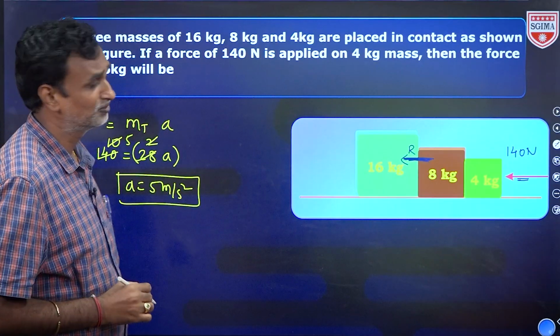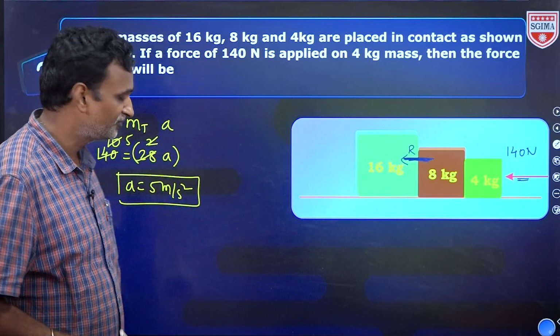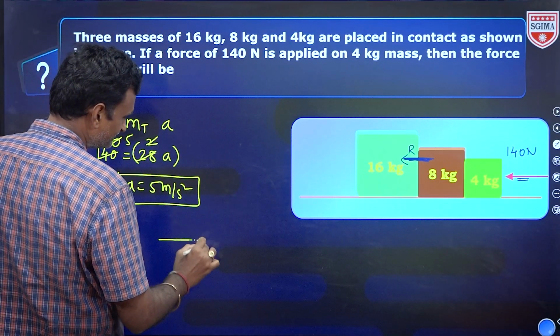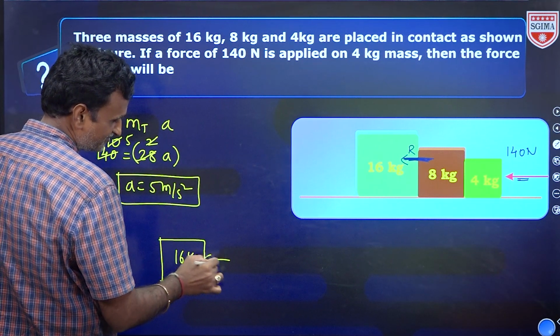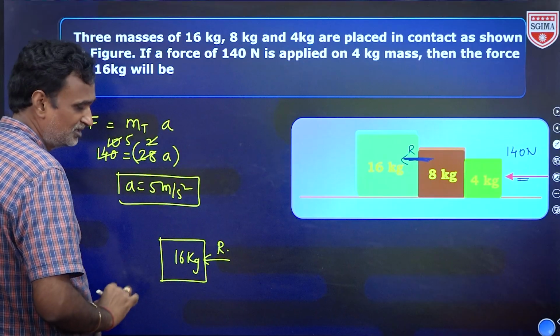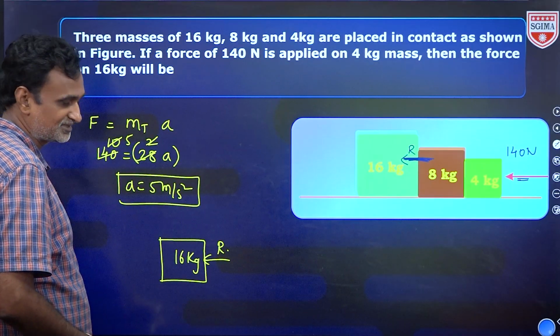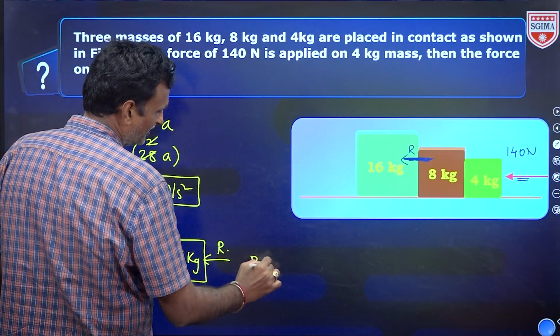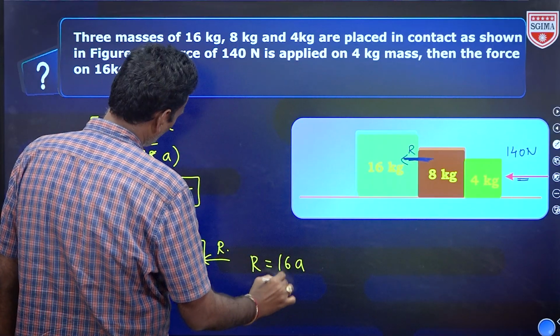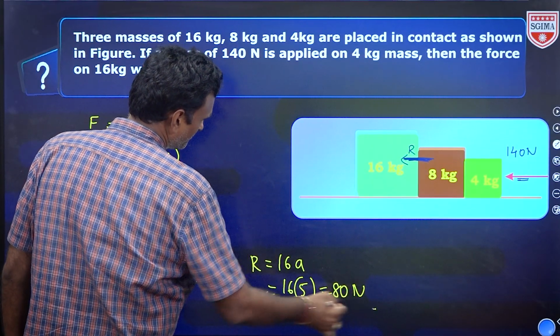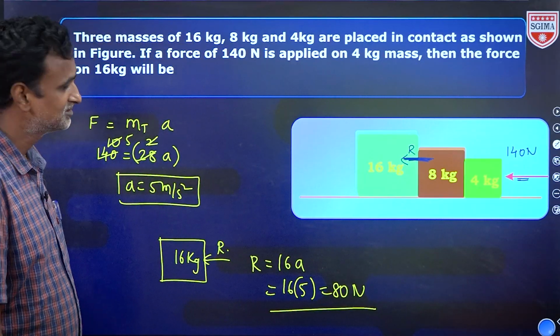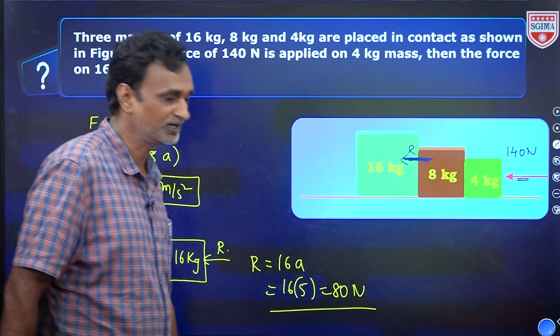Now we have to draw the free body diagram of the 16 kg. Here is the 16 kg and it experiences a force R. No other force acts on the 16 kg, so definitely R equals 16 into A, 16 into 5, which is 80 newtons. So this is the answer for the question.